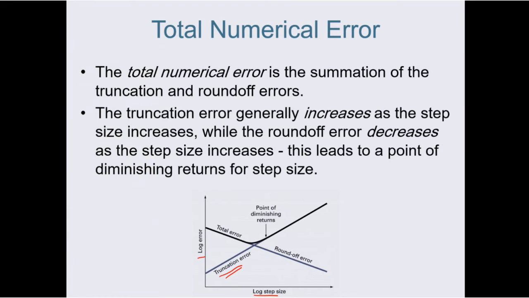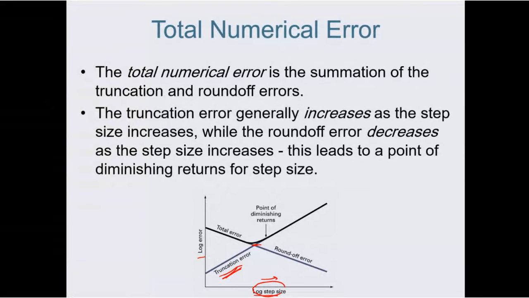The total error, of course, is going to be the sum of both of them, and then you have a certain point where you have the minimum of the total error. You define some step size which isn't too big, so that you don't get a big truncation error, and isn't too small, so that you don't get a big round off error.